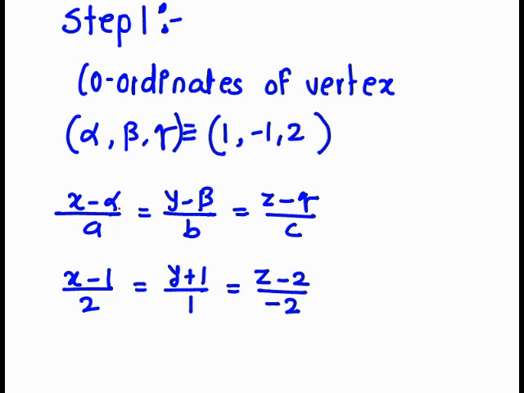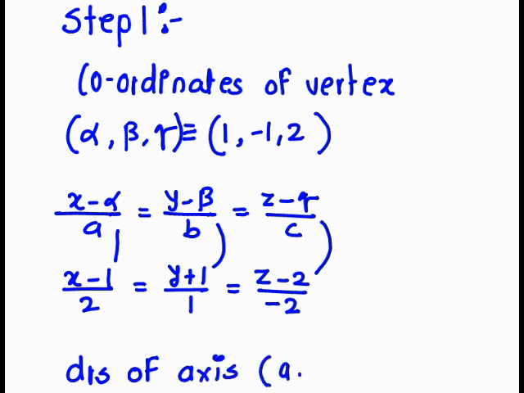If you observe, we again get 1, here we get -1, here we get 2. And the values of A, B, C, that is the DRs of the axis, are 2, 1, -2.